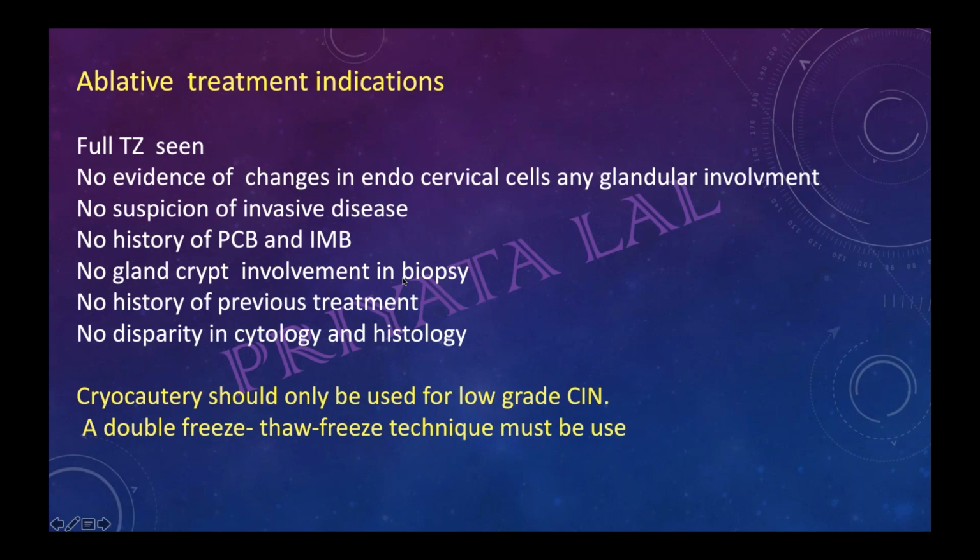We have read many types of ablative treatment, but according to this guideline, they are using cryocautery, with the double freeze-thaw-freeze technique. Only if these conditions are met can ablative treatment be done. Is that clear? These are the indications for ablative treatment. Yes, ma'am.